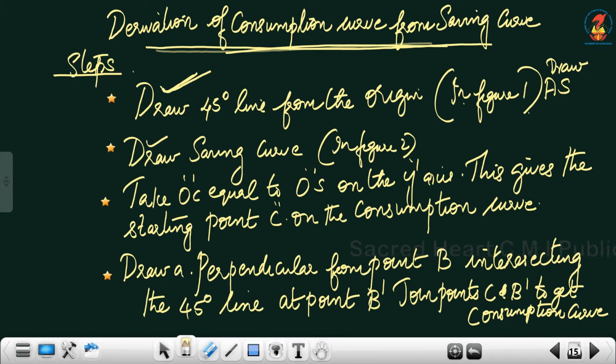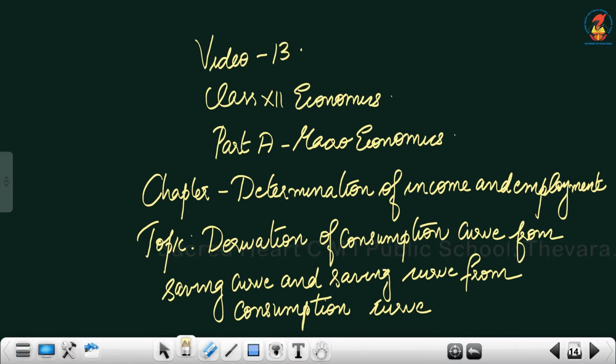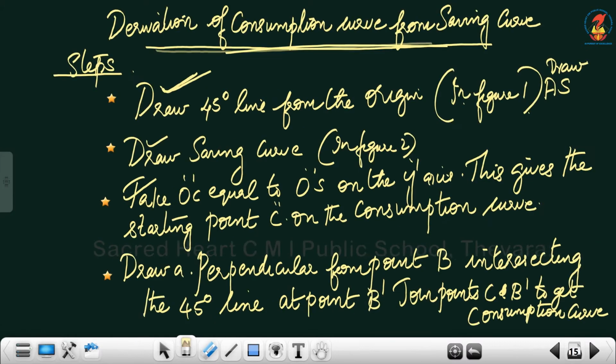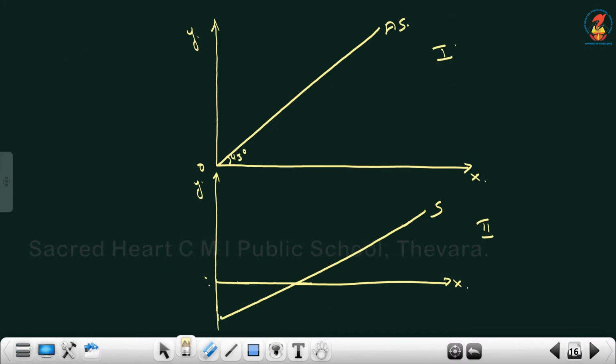Now what is the next step given? Take OC equal to OS on the y-axis. What is meant by that? This is O, this is S. The saving curve always starts from this y-axis. So this is OS.